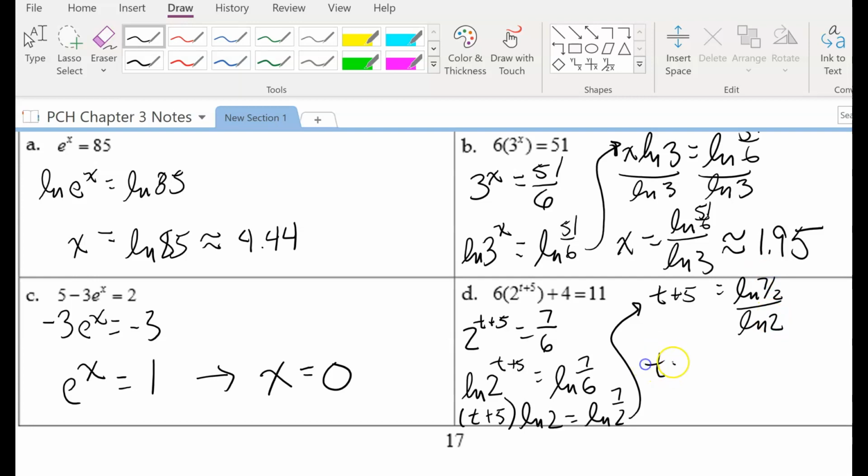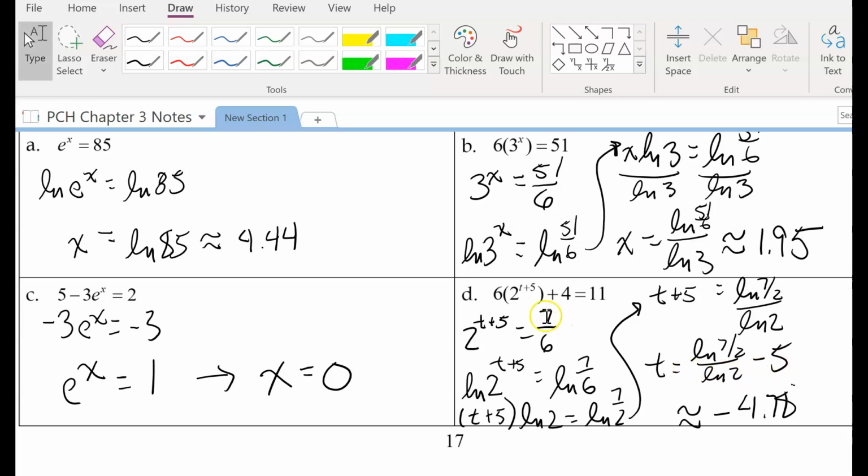Subtract 5 from both sides, and this will give us our exact answer. Natural log 7/6 divided by natural log 2 minus 5. And plugging into a calculator, we should get about negative 4.78. All right, so that's a few examples of solving some exponential equations.